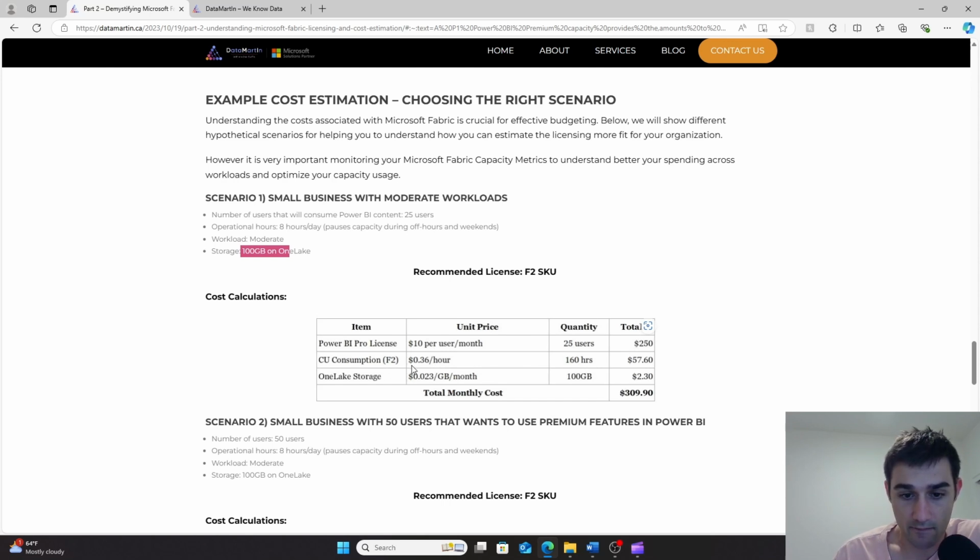You're going to have to pay for the computational power of 36 cents an hour for 160 hours, and then basically 2 cents a gigabyte for storage, so a total of $2.30, for a total of $309 a month.